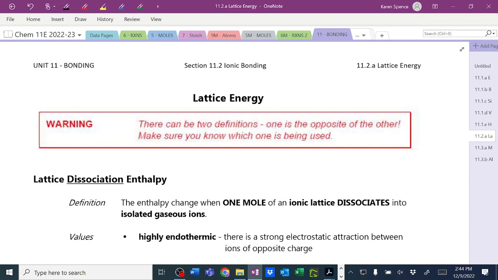If you don't have lattice energy yet, then you need to come get one of these. How irritating. Well, you guys get one little break while I go and photocopy page 37B.